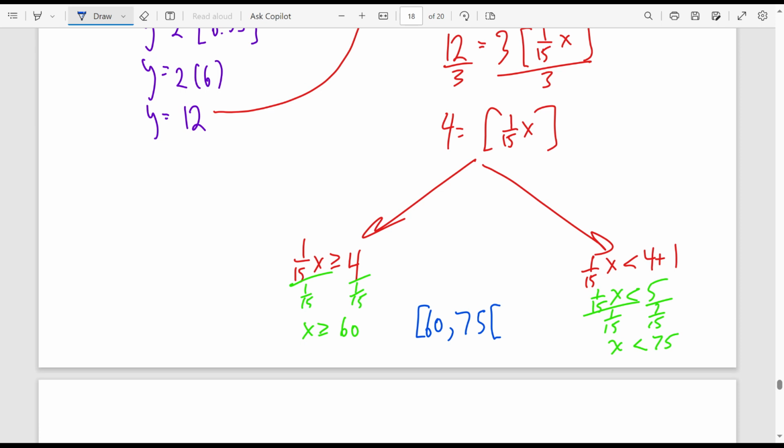So what is the actual answer in dollars? It's actually just 60 to 74, right? Because it can't be 75, since it's not including the 75. So that's the only tricky part of this, and what may lead you to not get 100% on a question like this is not understanding the brackets, what you solve for, and then how to apply that to a scenario. Anyway, I hope that helps. Feel free to ask any questions.